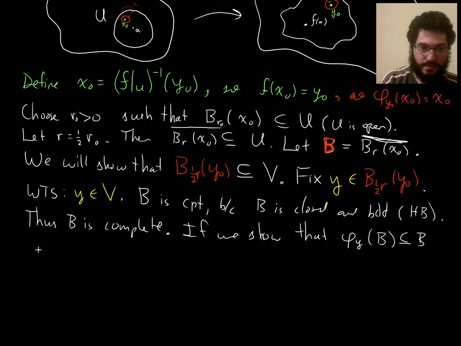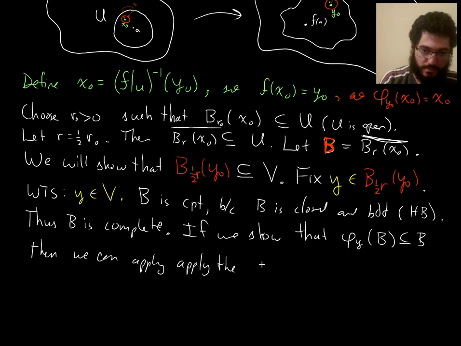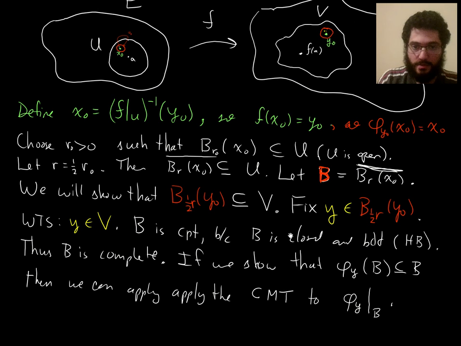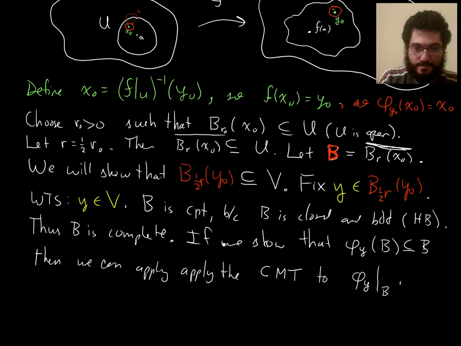If we show that, then we can apply the contraction mapping theorem, CMT, specifically to phi sub y restricted to B. And that would get us a fixed point. And that's really useful because that would be a preimage for y. And that's exactly what we need to prove that the yellow y is in the set V here.